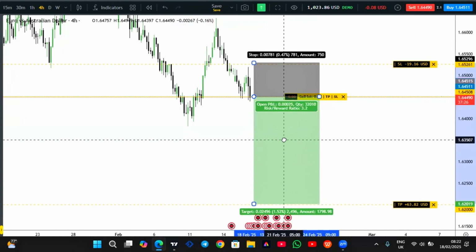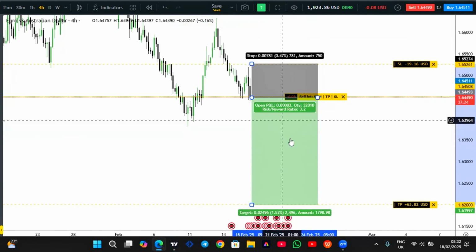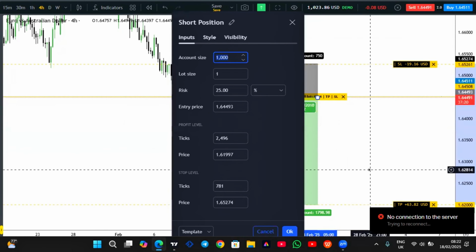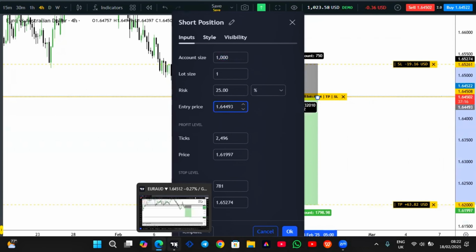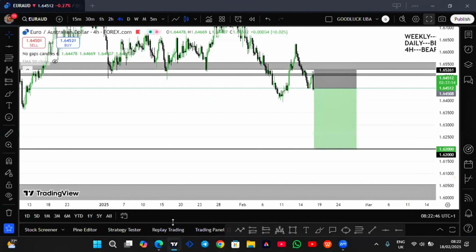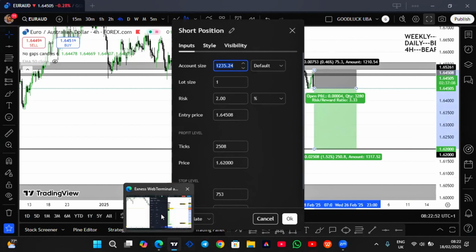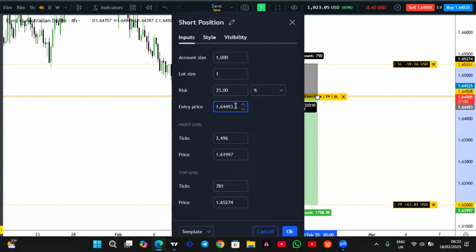1.64508. I guess it should be network. You see, poor connection. Where's the entry again? 1.64508. I'll just go back and put 1.64508.